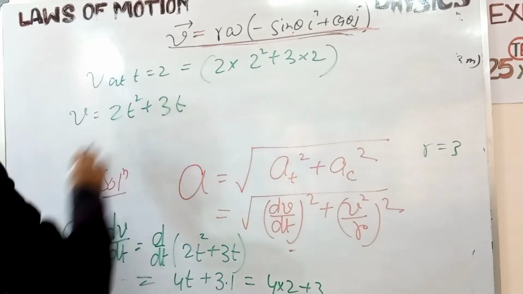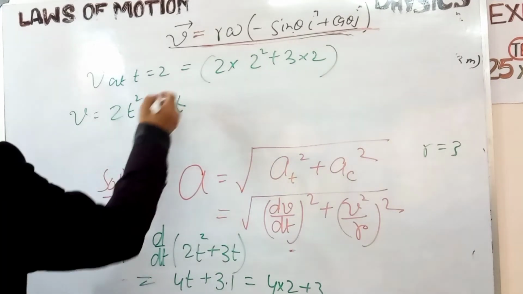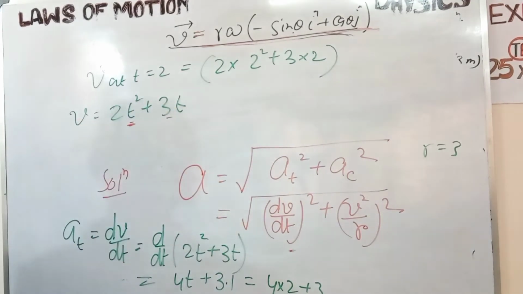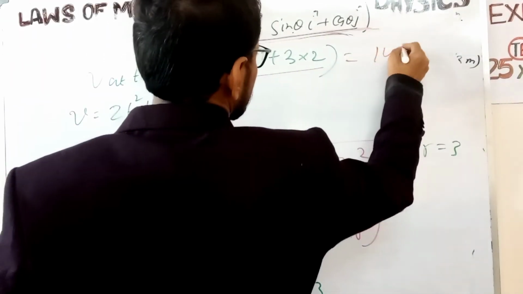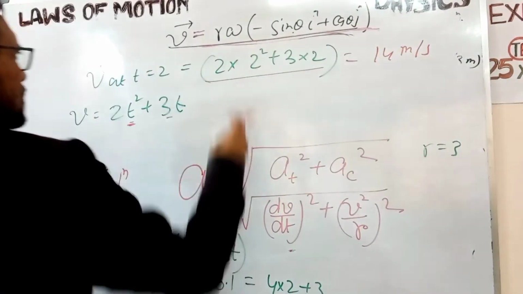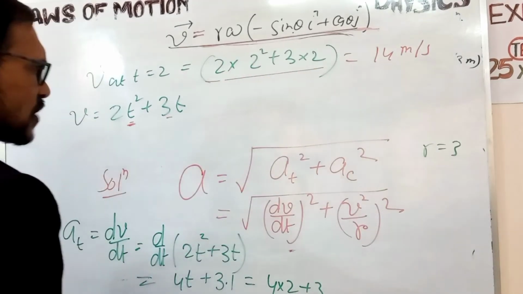So if we put t equal to 2 here, we get the velocity at 2 seconds, which is 4 plus 6, 10 meter per second. So r equal to 3.